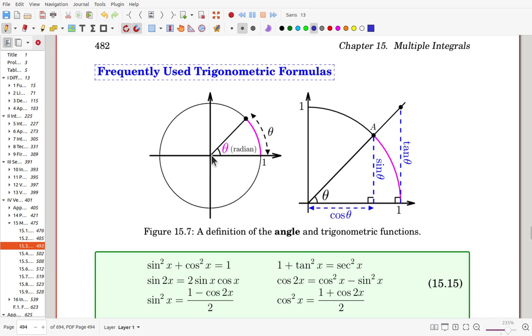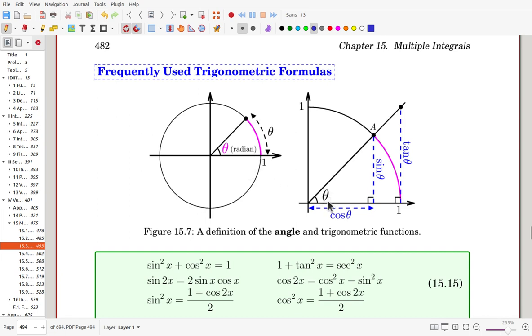Now we choose an angle like that, then measure the arc length. Once the arc length is theta, we call this angle theta. The angle is defined in this way, so that the whole circulation is 2 pi, because the length of the circle is 2 pi.